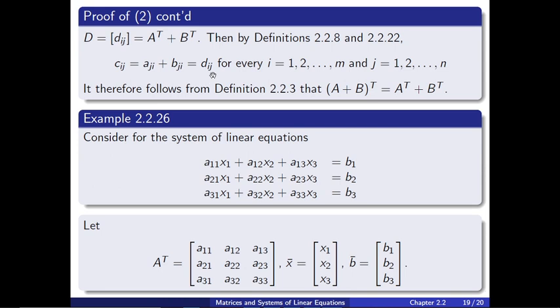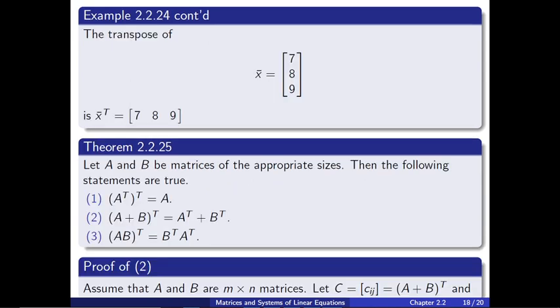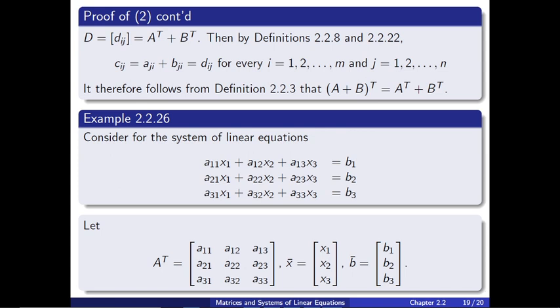So that becomes Dij, and by definition of equality of matrices, that means that these two matrices become equal. Right. So that is the proof, and then the rest will be left as an exercise.